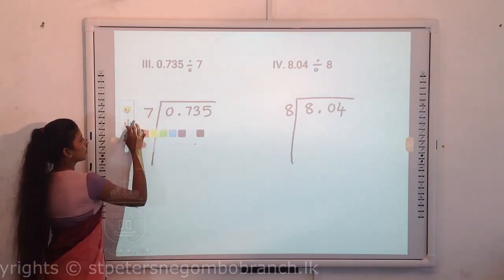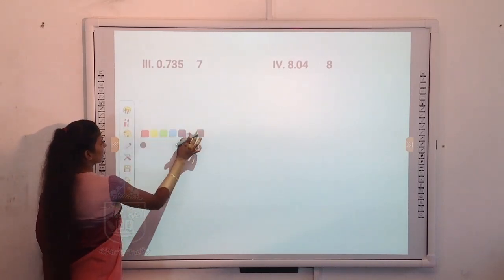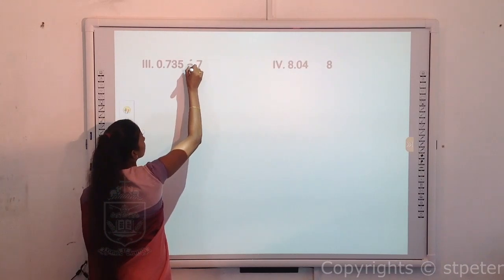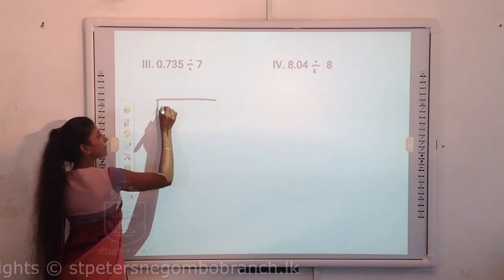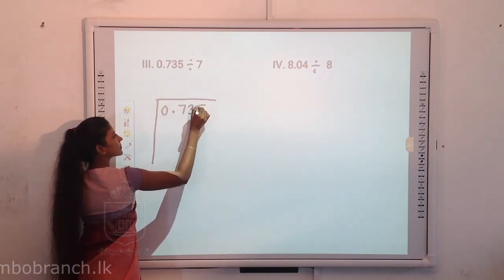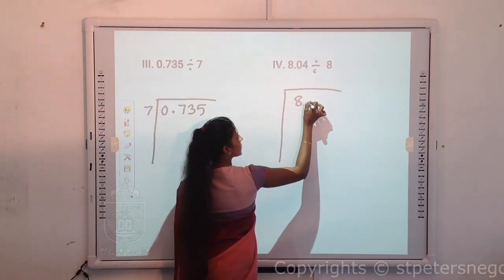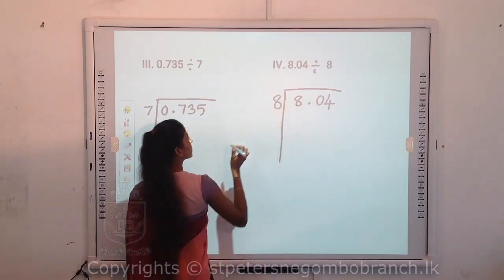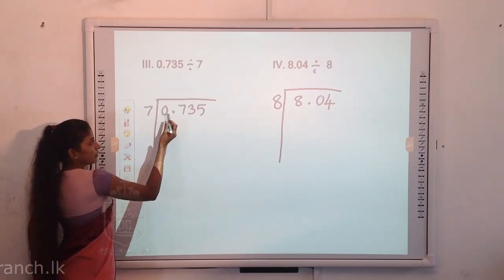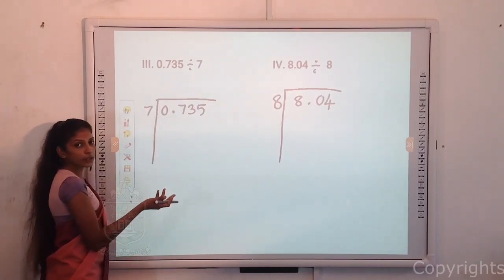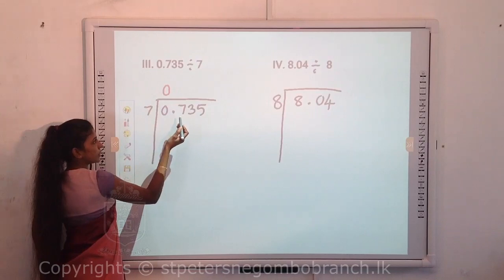So let's divide. Okay, so you all can see the first number is 0. So for 0 there are no any 7s. So you have to place 0. No 7s inside 0. 7 times 0, 0.